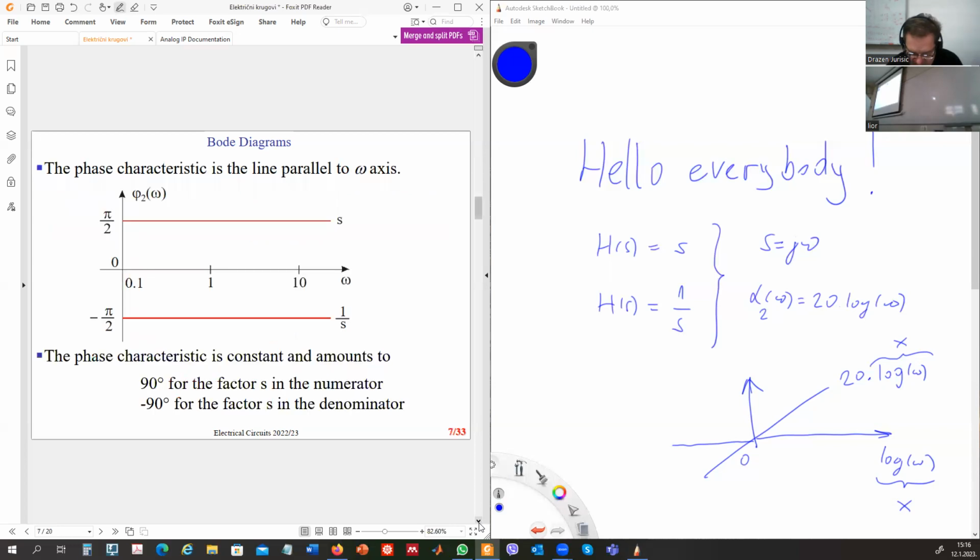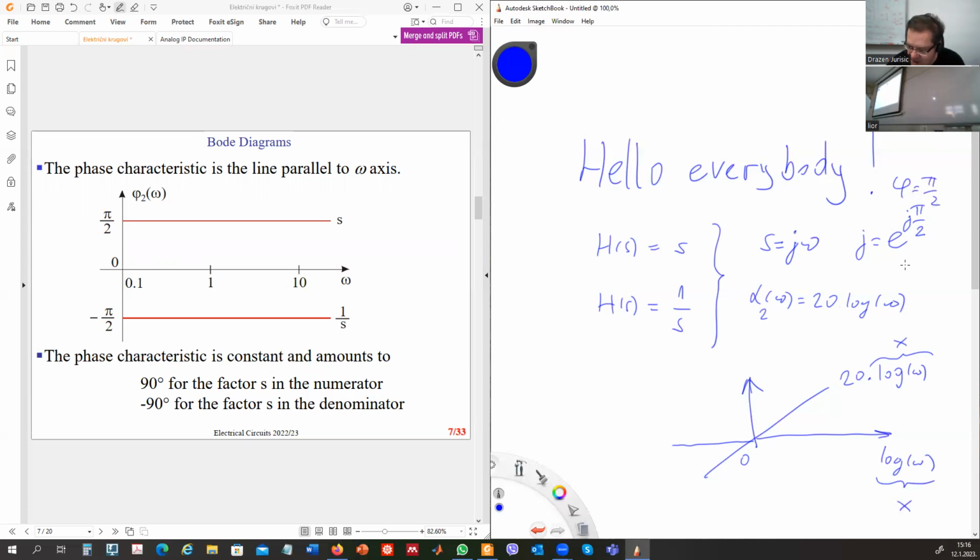Now we go next. The phase is positive or negative pi half, or 90 degrees. So this is also something which is here, because why is it positive 90 degrees? j omega. What is j? j is possible to write as e to the power of j pi half. So this is phi equal to pi half.